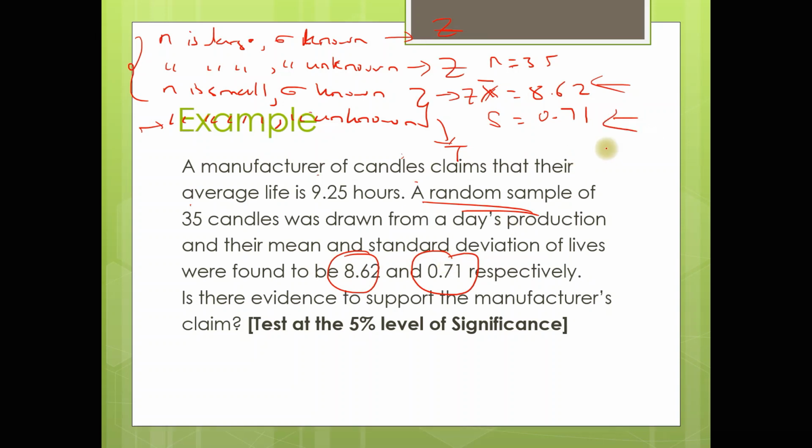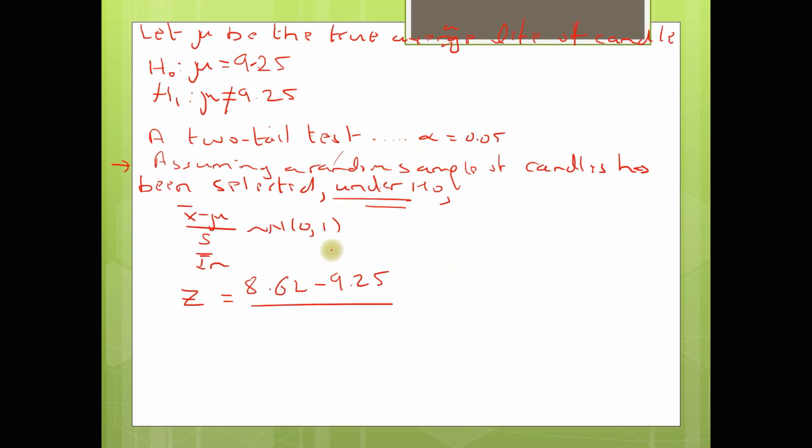S is 0.71 and n is 35. The next step is to do this computation. You are expected to get negative 5.249. Right, that's a computed Z that you are going to get.